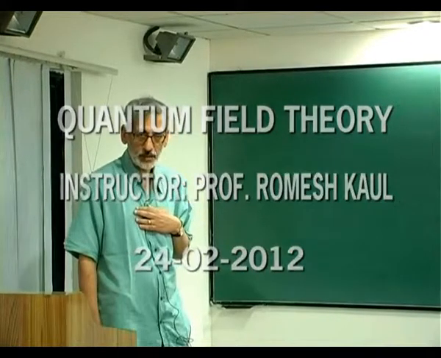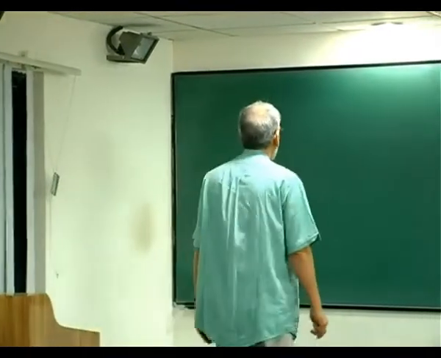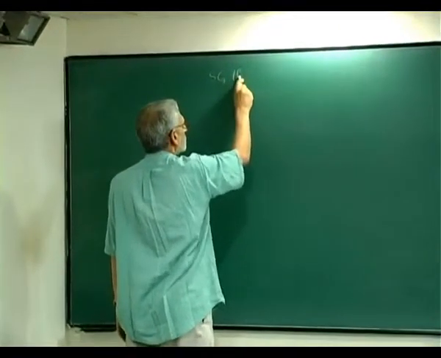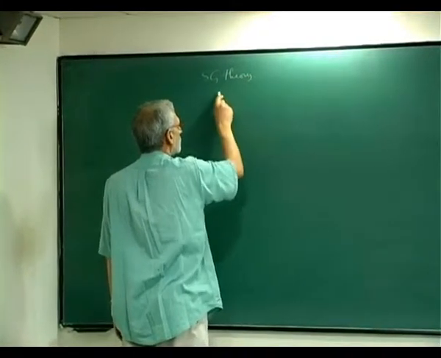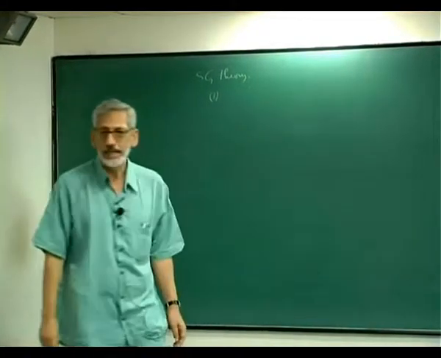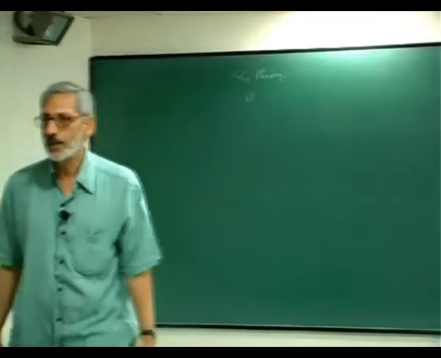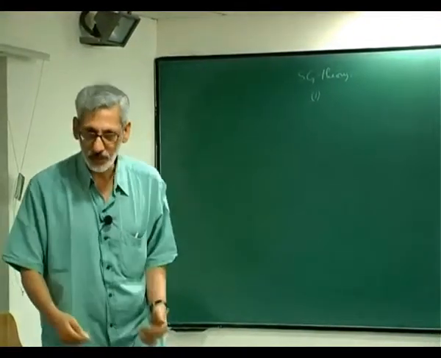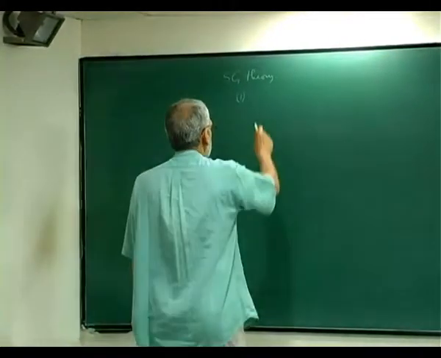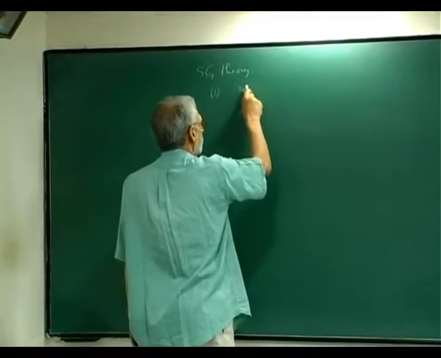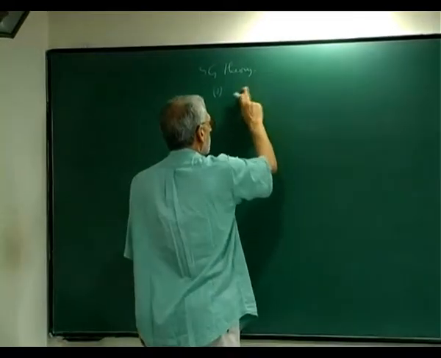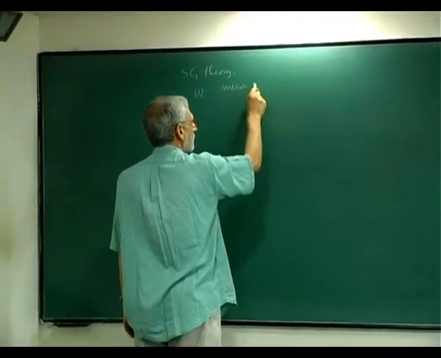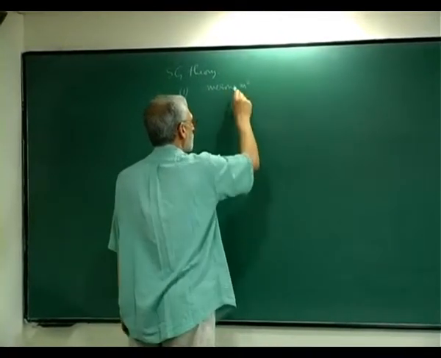What we studied last time was Sine-Gordon theory. And in Sine-Gordon theory, what did we see? We saw, besides the perturbative spectrum, which is mesons, meson of mass m square.